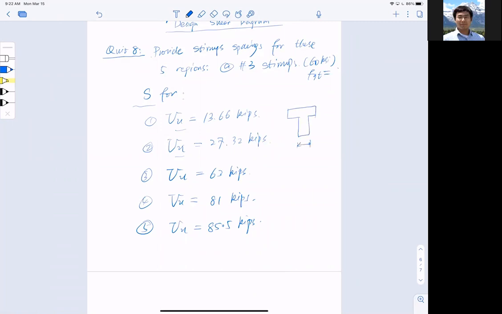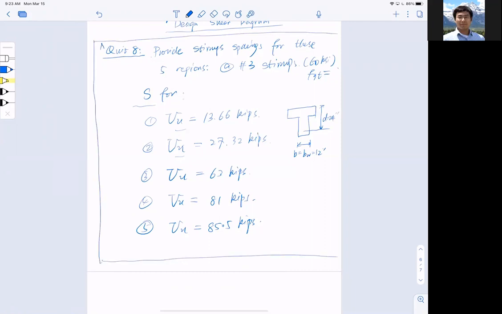I will just tell you that here b width will become 12 inches, and the depth d will become 24 inches as we talked about before, and nothing changes jumping from a rectangular section to the T section. So that is quiz number 8 for you.